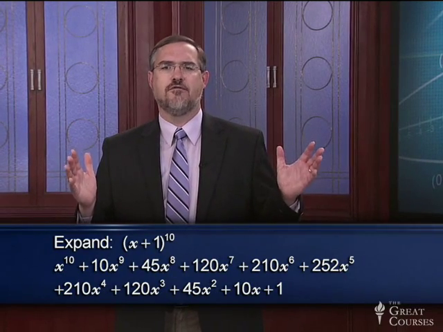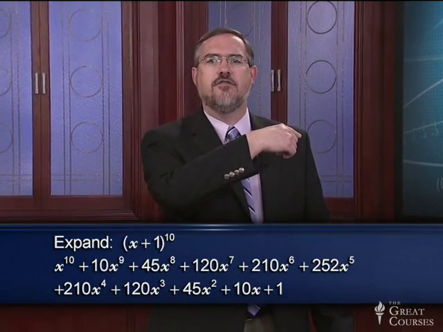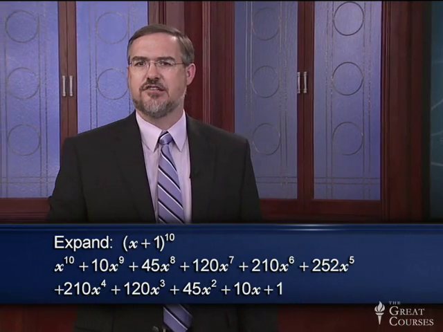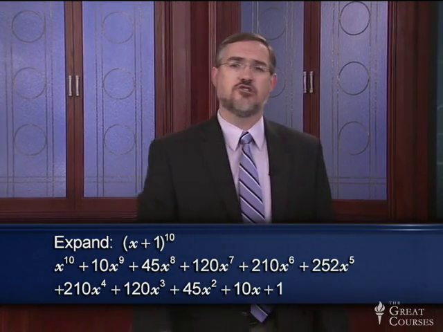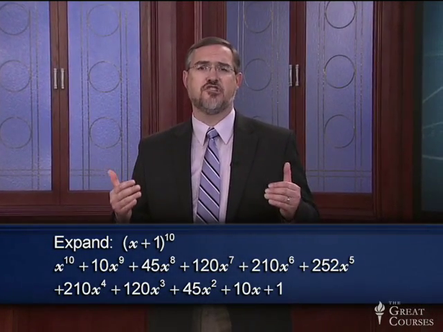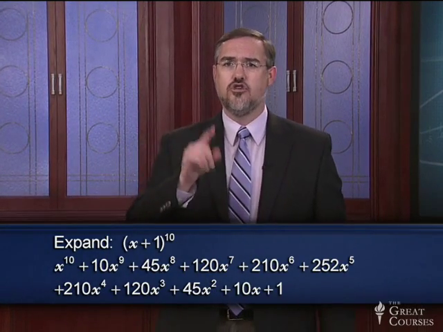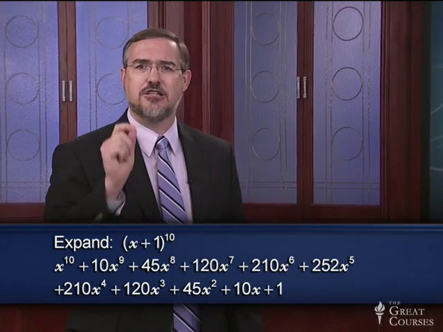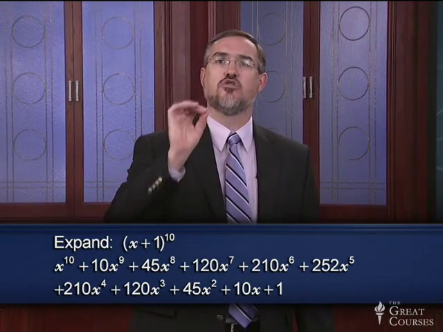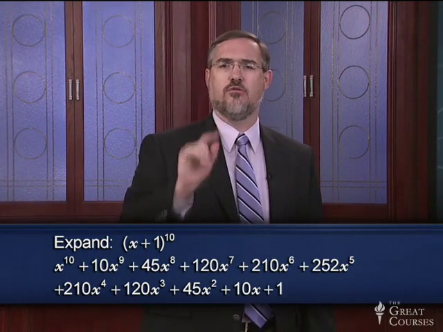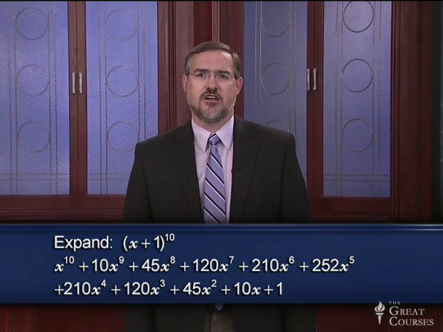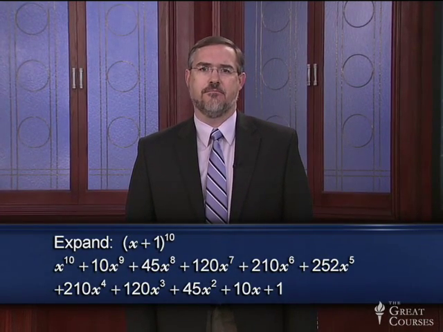And all of those coefficients are simply read right off of the 10th row of Pascal's triangle. Or to find those coefficients, you could have used the formula for C of n comma r if you wanted. Either way, doing that problem of expanding x plus 1 to the 10th is really straightforward now that we know these facts about C of n comma r and the binomial theorem.